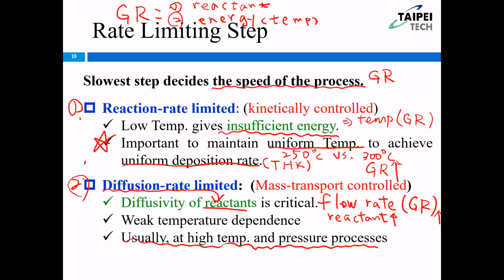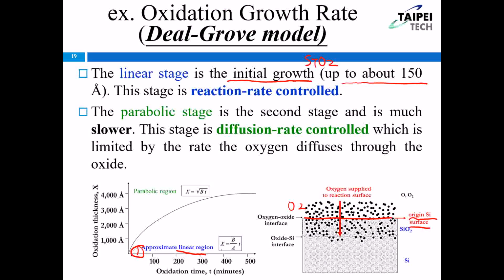Temperature is the most important factor influencing the growth rate, because I already have a lot of oxygen precursor. Right at the first stage we already have so much oxygen.